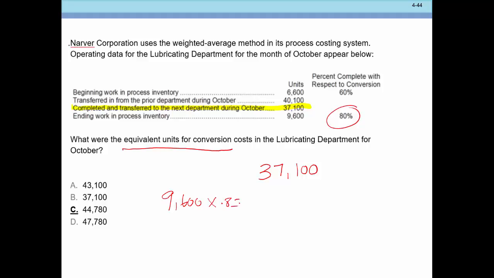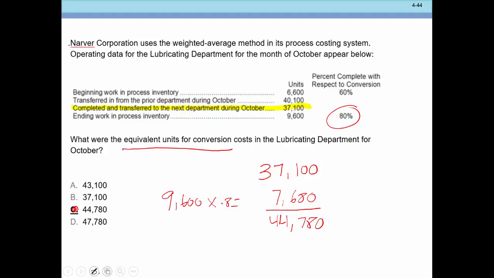And that comes to 7,680. I add those two together, and I get 44,780. Is that the answer? Beautiful. Well, that one's easy too, right?